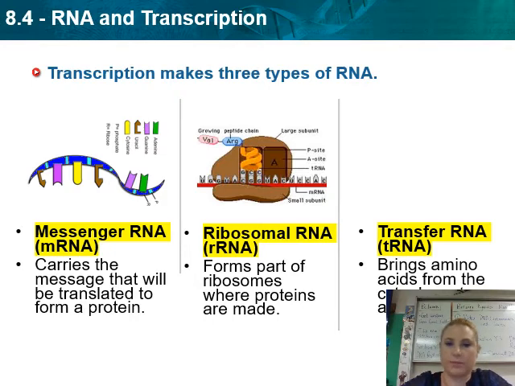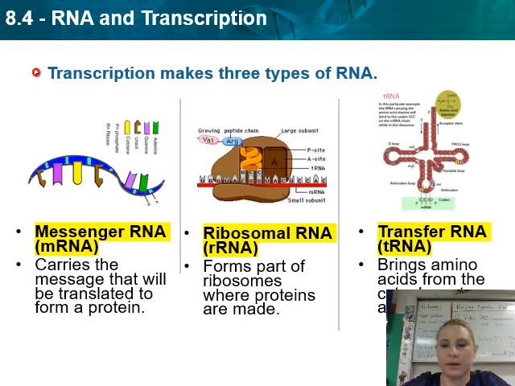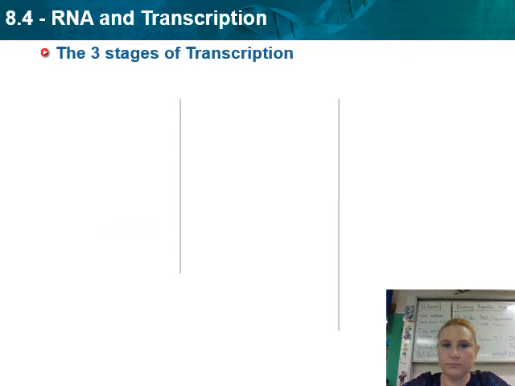It forms part of the ribosomes where proteins are actually made. And our last type is transfer RNA, abbreviated tRNA, and it brings amino acids from the cytoplasm to the ribosome to help build that protein. Remember, proteins are built out of amino acids.